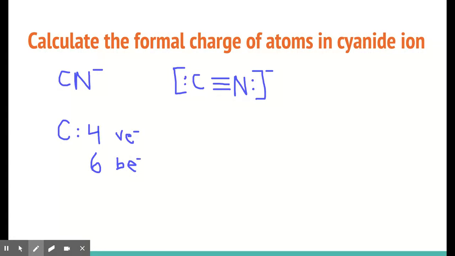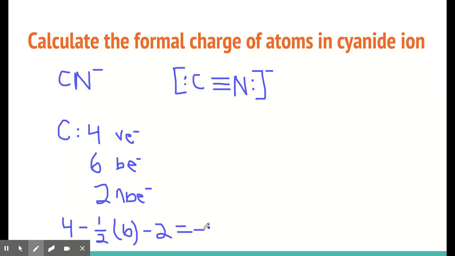And how many non-bonding do I have? Back to carbon, I have 2 dots, so I have 2 non-bonding electrons. So now I use my equation, my valence electrons minus 1/2 of my bonding electrons minus 2. So that gives me my formal charge of carbon, which is -1.